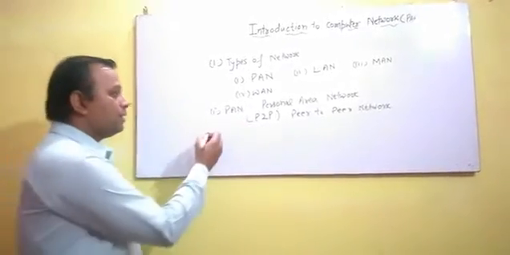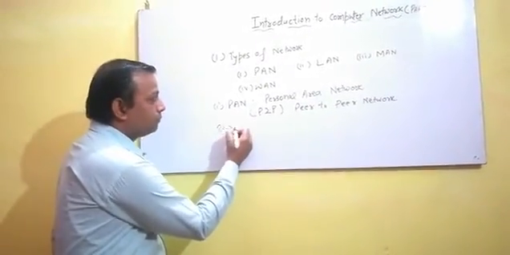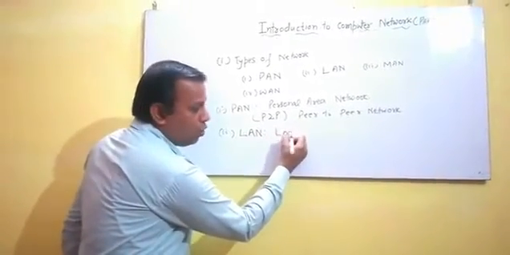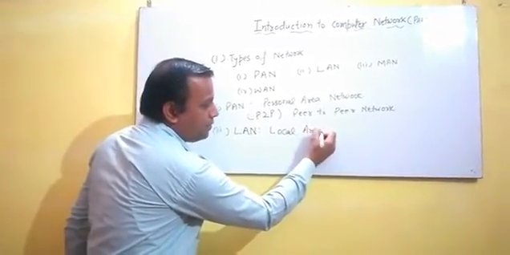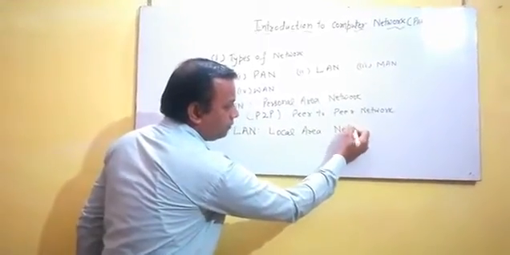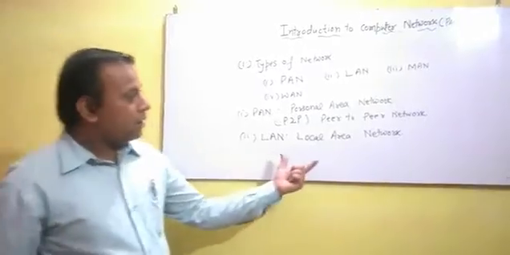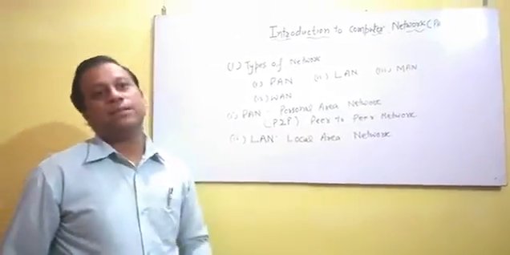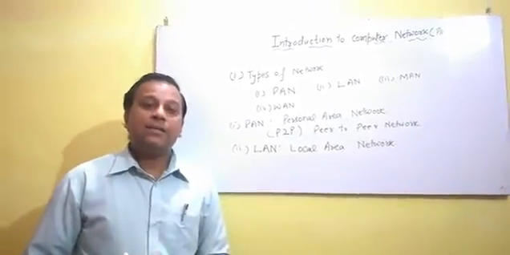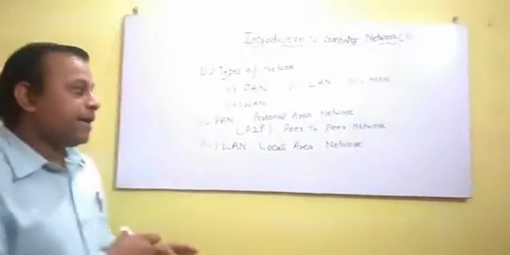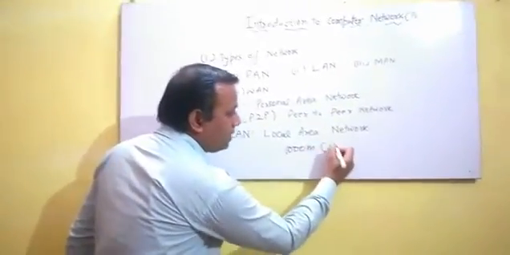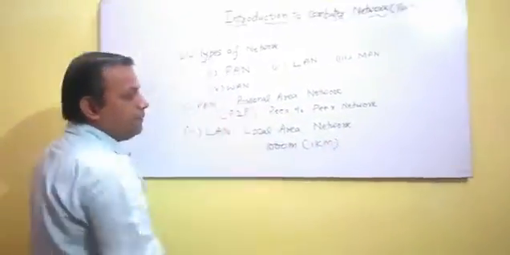Now, the second part is LAN. It stands for Local Area Network. Basically, we are in a society where we can just experience the LAN. LAN is a network that includes a maximum cable length of 1000 meters, meaning 1 kilometer of cable length.